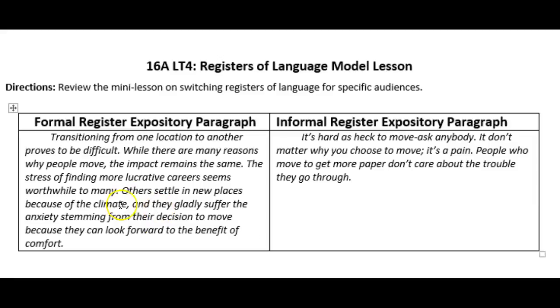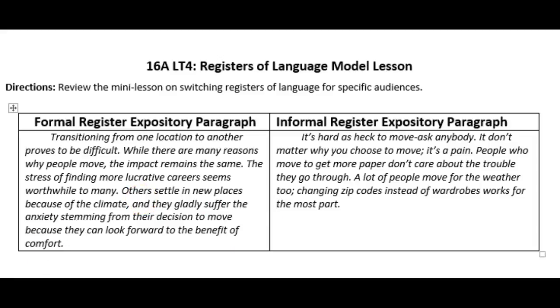Looking at the last sentence, where others settle because of the climate, because they can look forward to enjoying the benefits and the comfort, I'm going to say that another way by using informal language. The sentence that I created says a lot of people move for the weather too. Changing zip codes instead of wardrobes works for the most part.